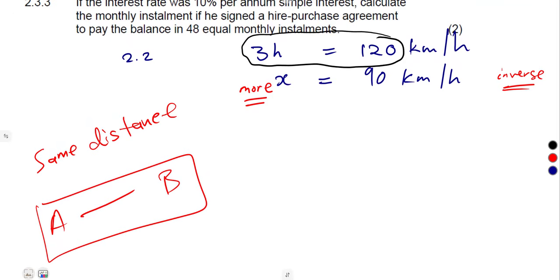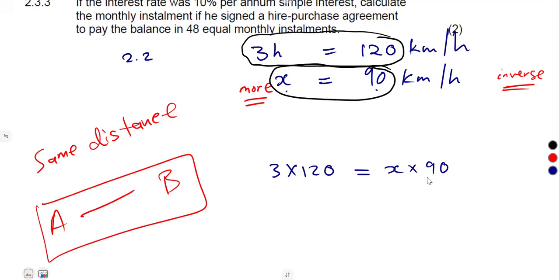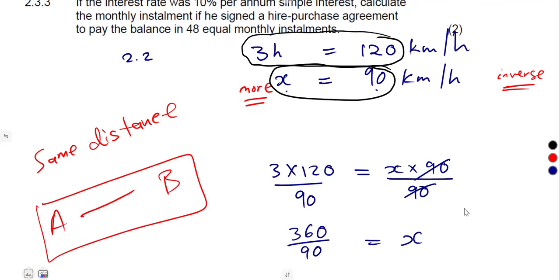3 times 120 is equal to, you multiply these ones also along as they are, x times 90. So we can find x there. Simply divide by 90. So x is going to be 3 times 120, which is 360, divided by 90.